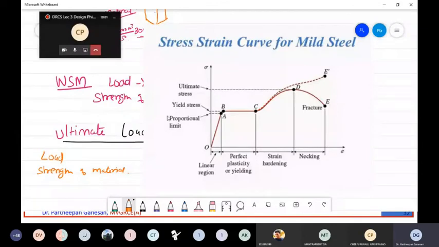In ultimate load method, the strength of the material is always kept constant, but you are increasing the load by a load factor.